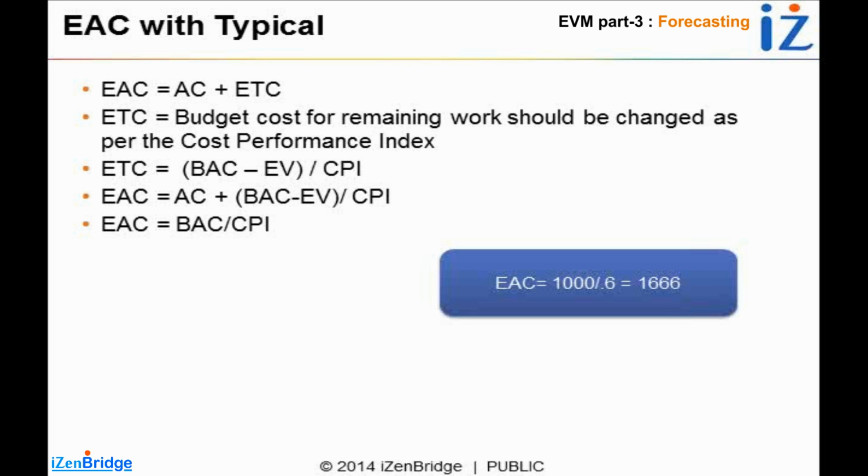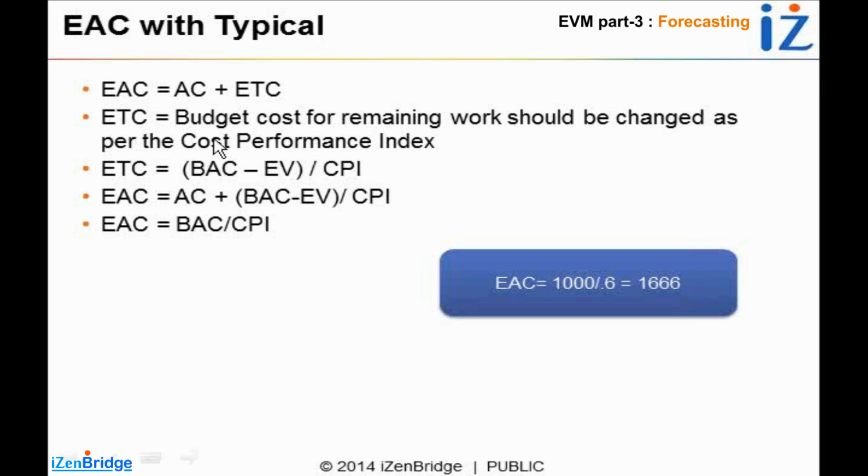So I will ask for more money as per the cost performance index. So estimate at completion becomes actual cost plus remaining work divided by CPI. In an atypical case, I was just taking the remaining work without dividing it by the cost performance index. But in case of a typical variance, I am factoring the remaining work with the cost performance index.